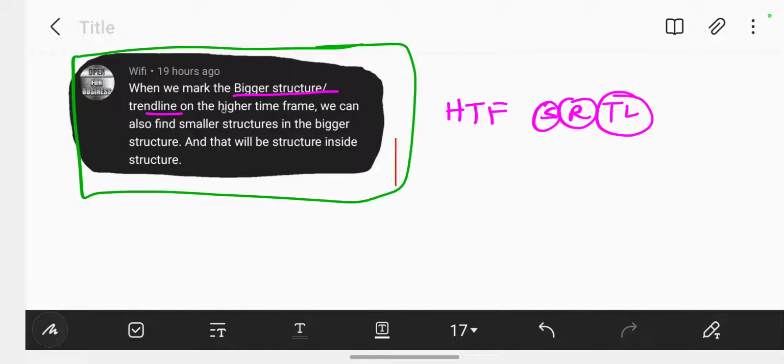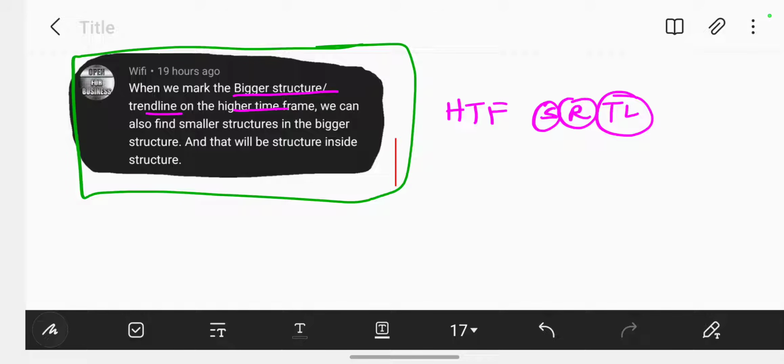That's what it means on a higher time frame. We can also find smaller structures in the bigger structure, and that will be structure inside structure. Do you all agree?